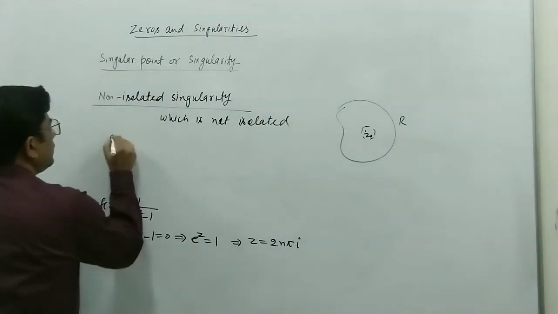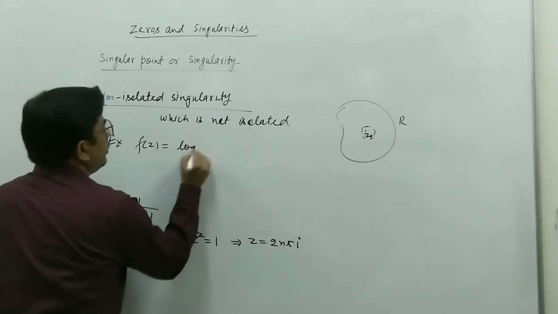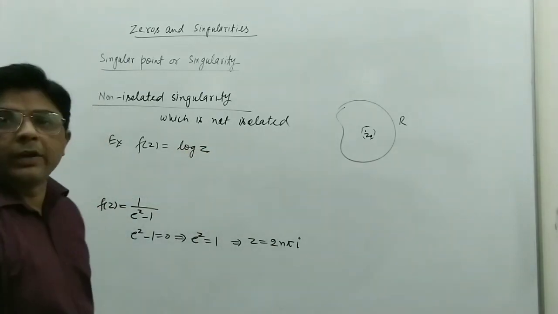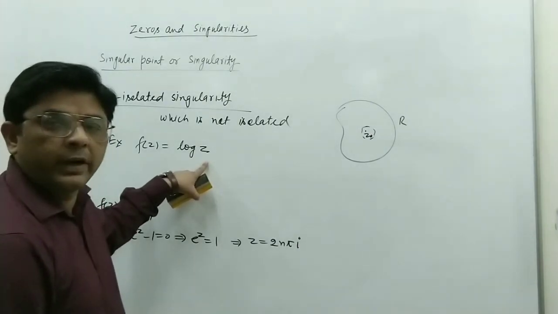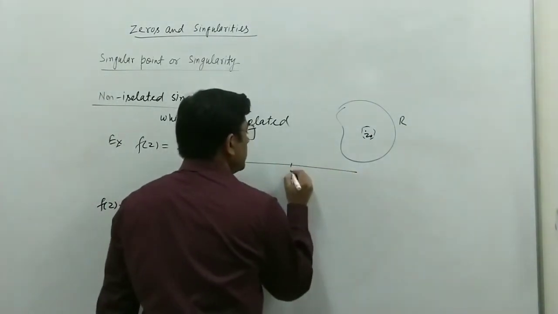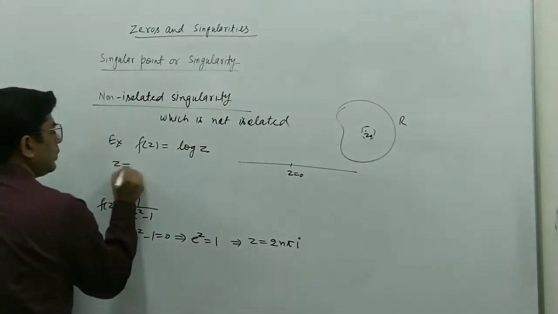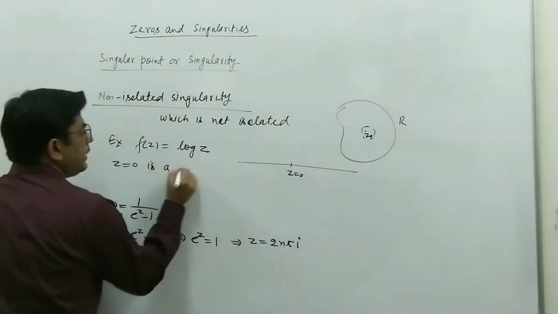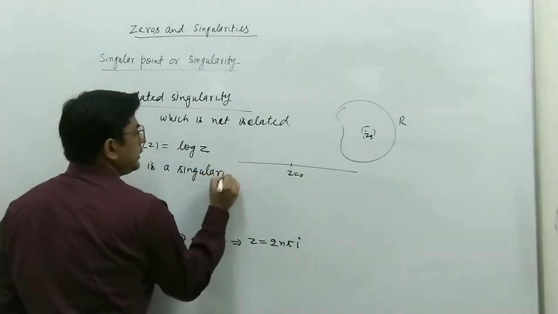So we can take the example f(z) is equal to log z. Okay. So here we know that log z is not defined at z equal to 0. This z equal to 0 is a singularity because at z equal to 0 this log z is not defined.